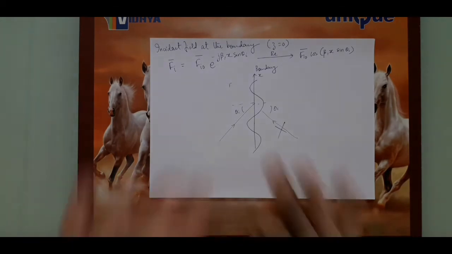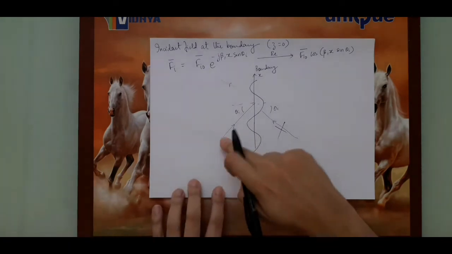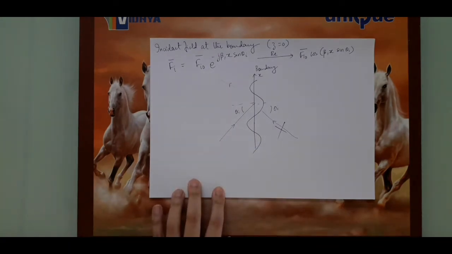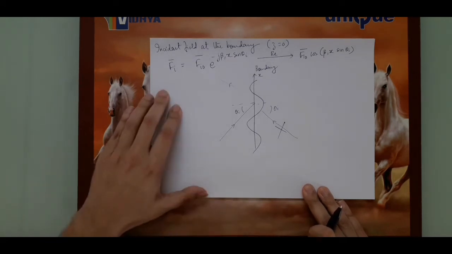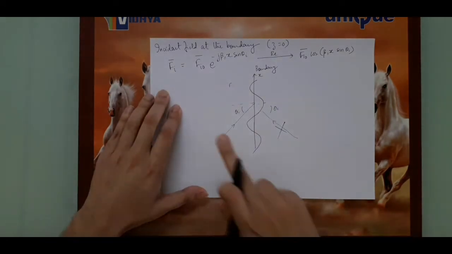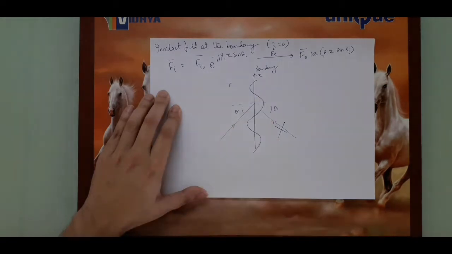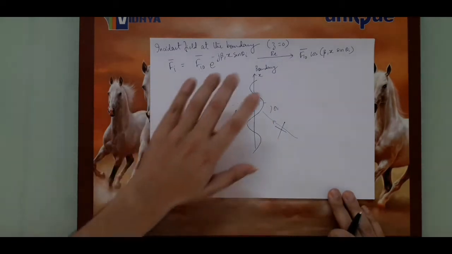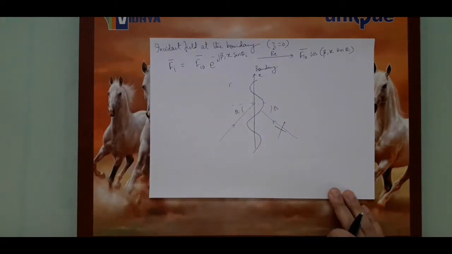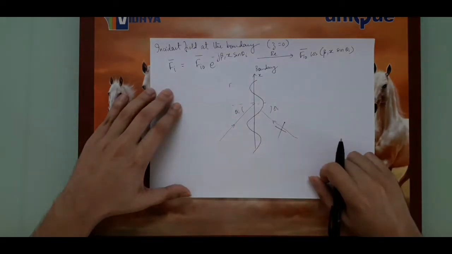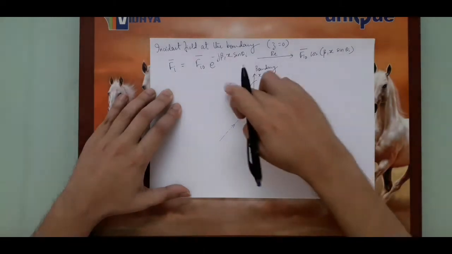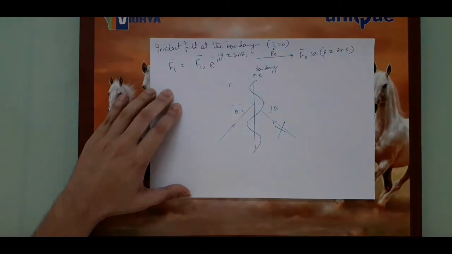So he puts the responsibility on medium 1 and says that you played smart by making a wave which is incident on the surface from medium 1, so now you have to make another wave which will do the task of medium 2 had the same wave come over here.